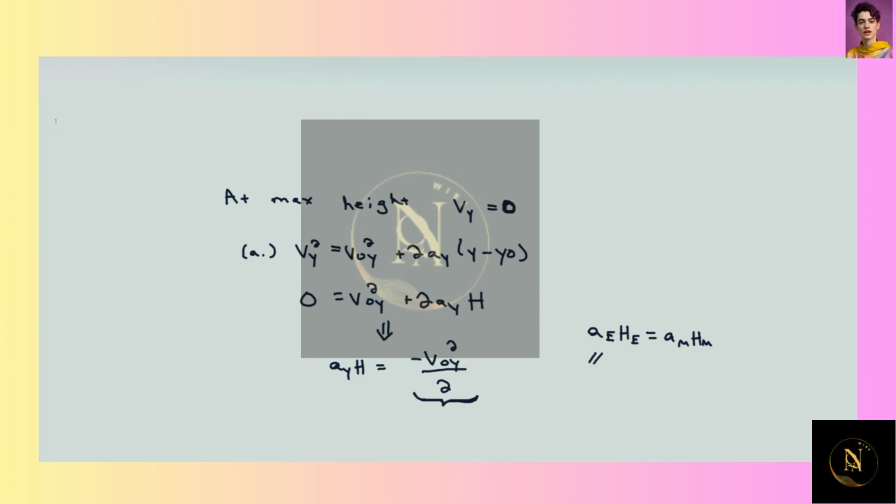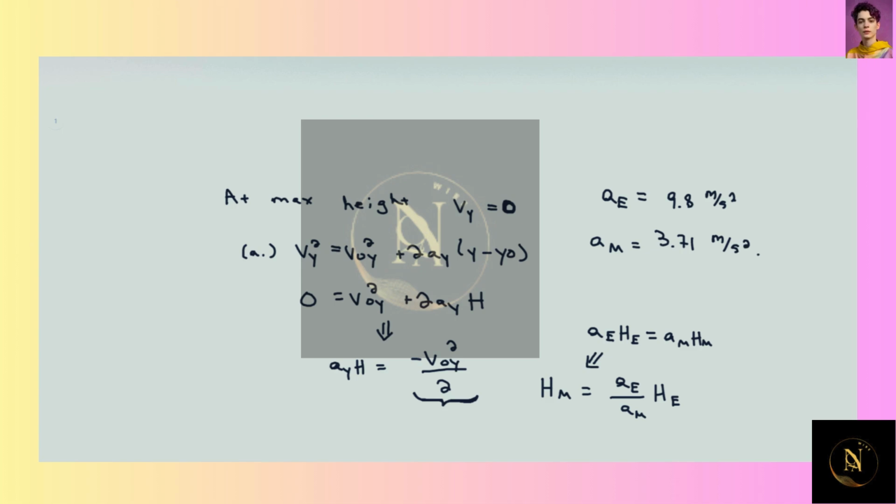Now we can solve for the height on Mars. It's equal to the acceleration on Earth over the acceleration on Mars times the height on Earth. We're given the acceleration values: the acceleration on Earth is 9.8 meters per second squared, and the acceleration on Mars is 3.71 meters per second squared.